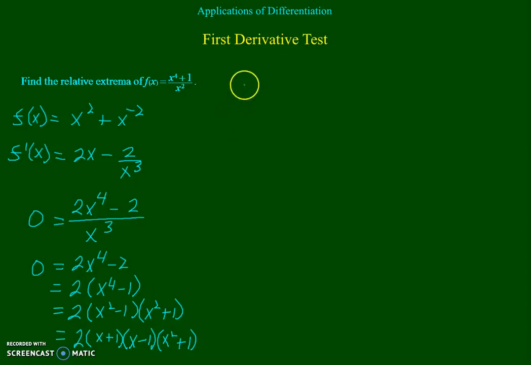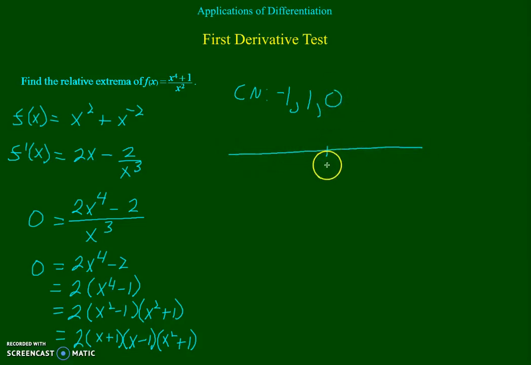So let's put our critical numbers here. And so negative 1, 1. And we're going to have a third one, aren't we? Because the first derivative is 0, or is undefined at x equals 0. So we have a critical number at 0.